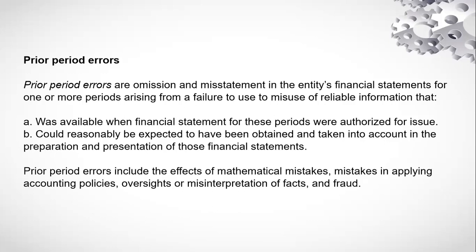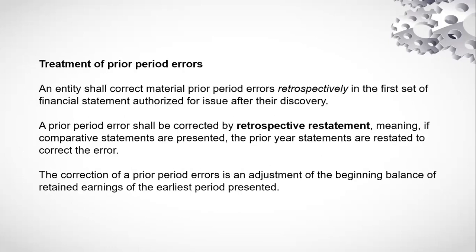Okay, so we have now the treatment of prior period errors. An entity shall correct material prior period errors retrospectively in the first set of financial statements authorized for issue after their discovery.